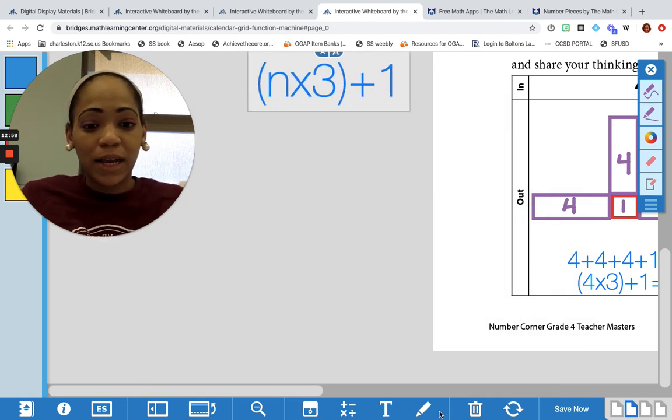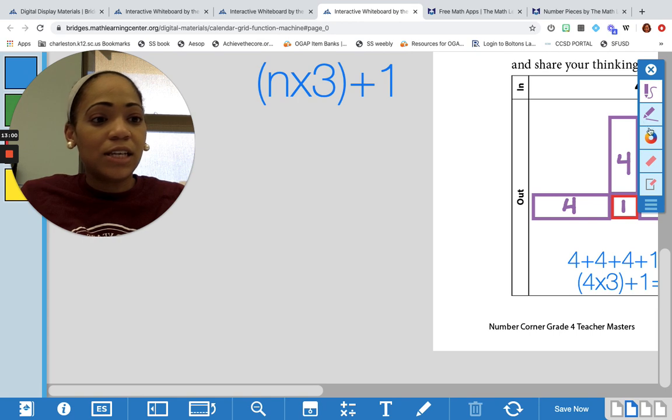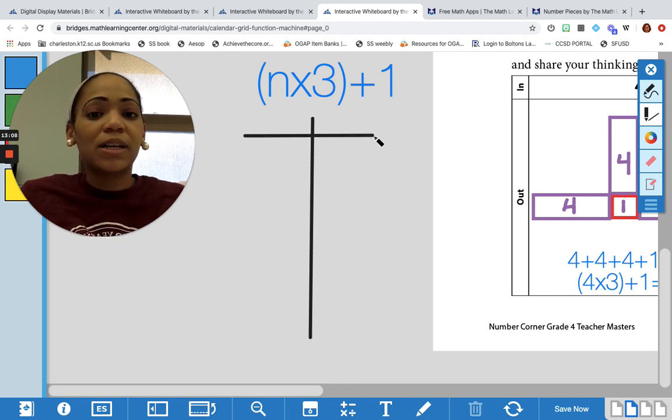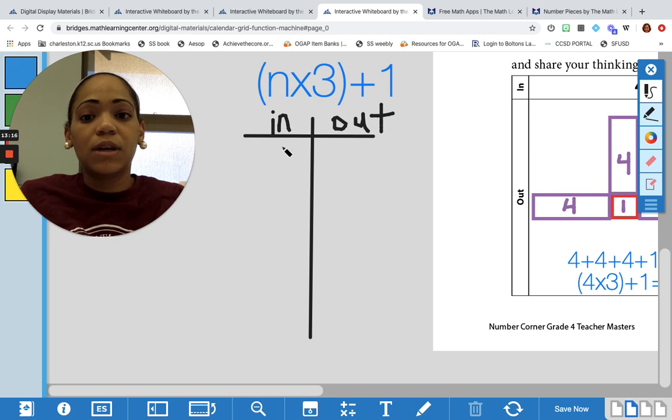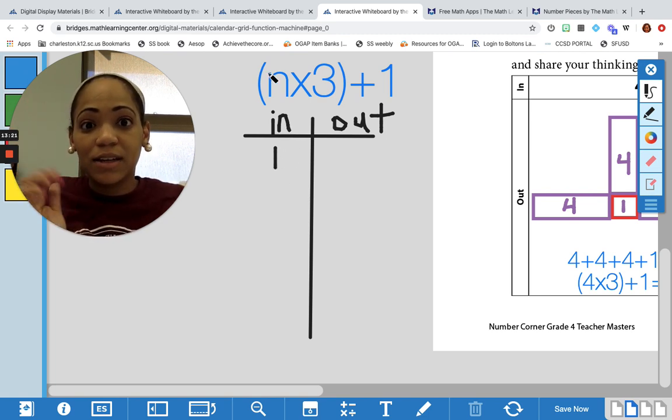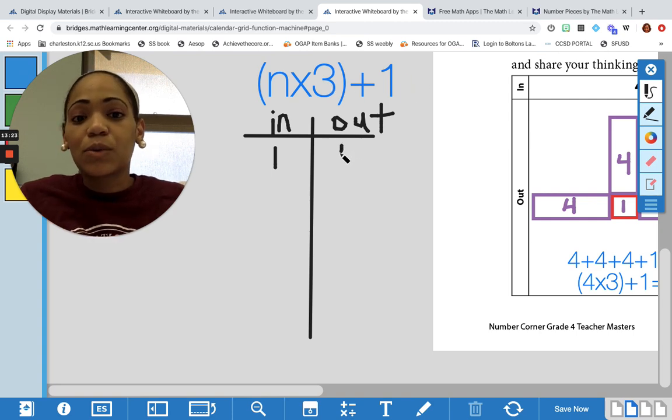So let's double check. I'm going to create a T-chart for us, and we're going to check and see, is this correct? Okay, so we put in an in number, and then we get out number. In, out. If our number is 1, I would substitute 1 for in, and do 1 times 3 plus 1, which should give me 4.